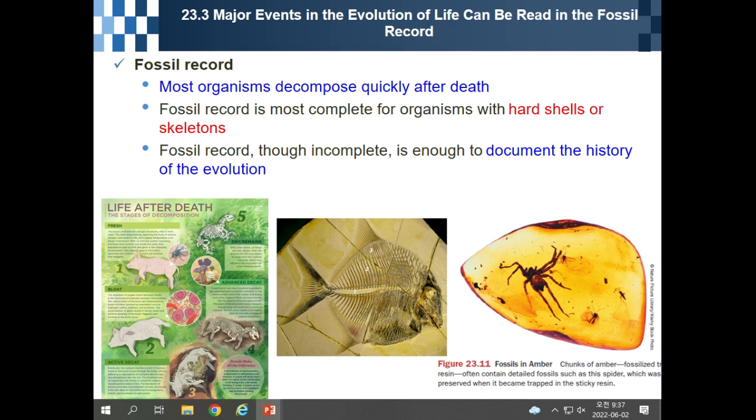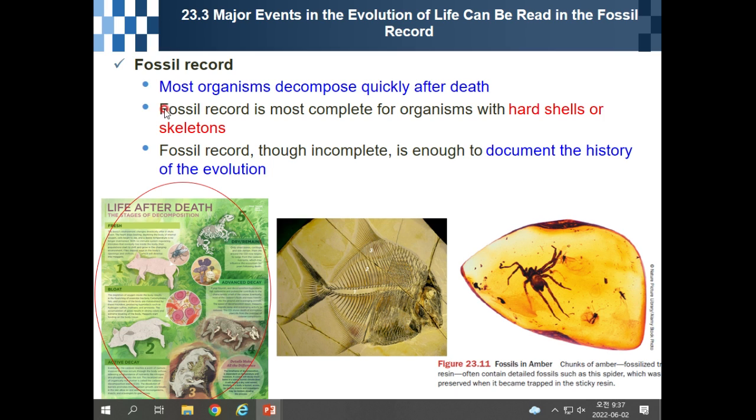For example, a pig: within 1 month it becomes only a skeleton like this, and this skeleton is also decomposed maybe 10 years later. So most organisms decompose quickly after death.